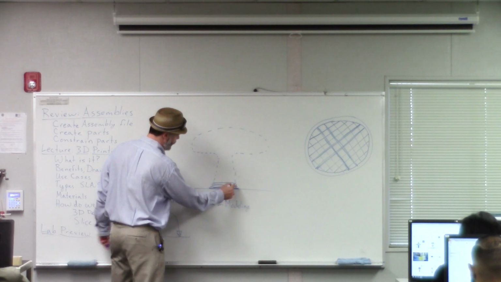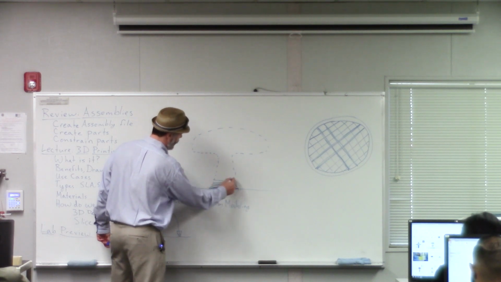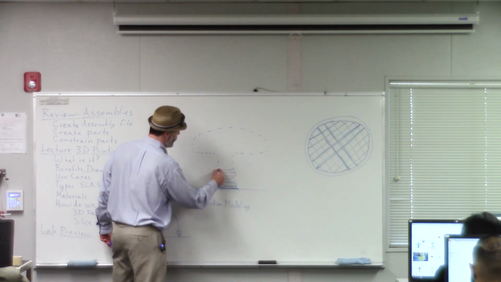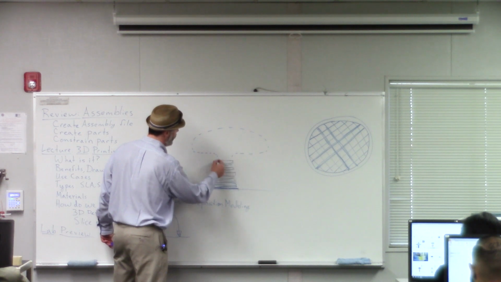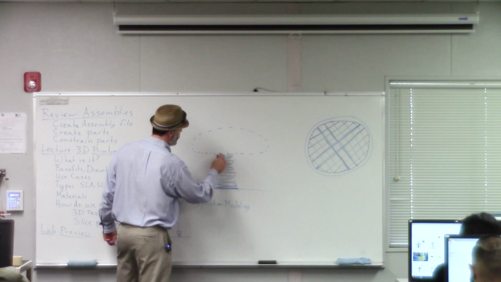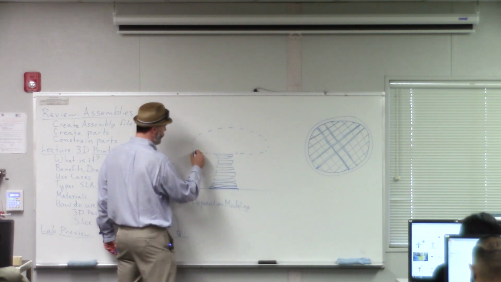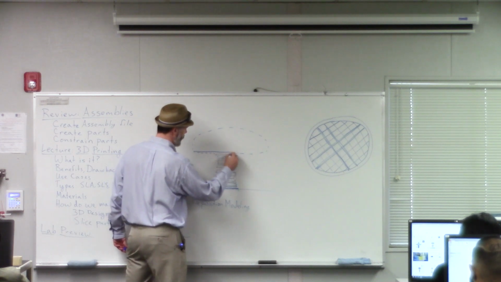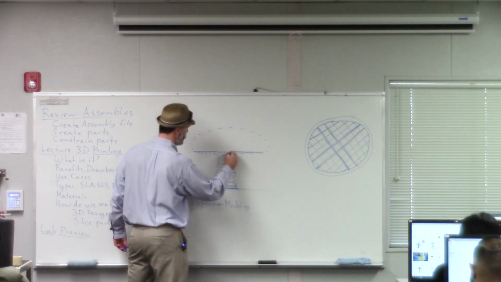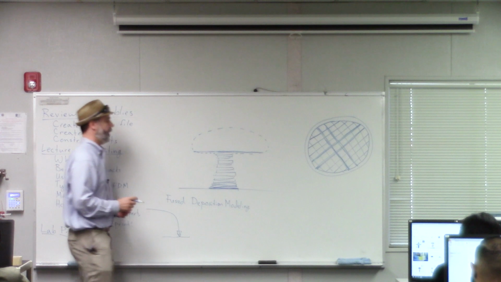Then the second layer goes on top of the first one, and so on. We're doing great. We're coming along here. Each layer is going on top of the next one. That's fine. Until we come to this layer right here. So this layer is fine because it sits right on top of that layer. But what about here? What happens if I try to print a layer like this on a 3D printer?